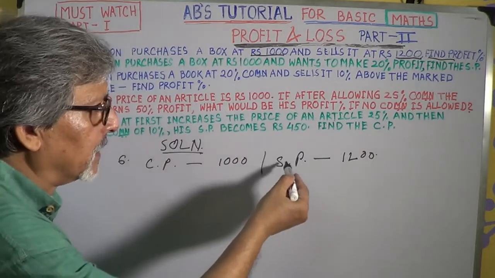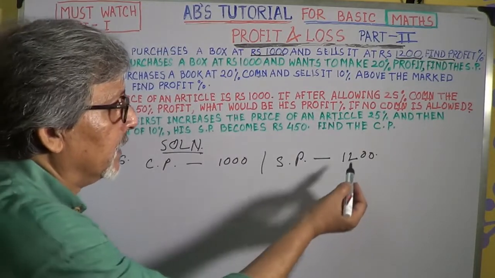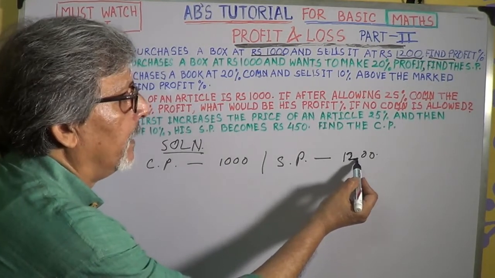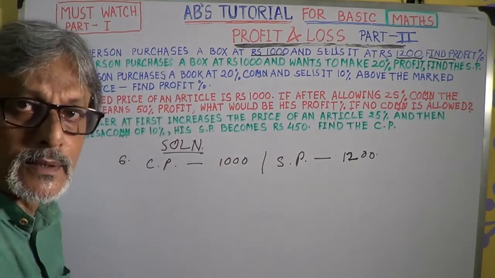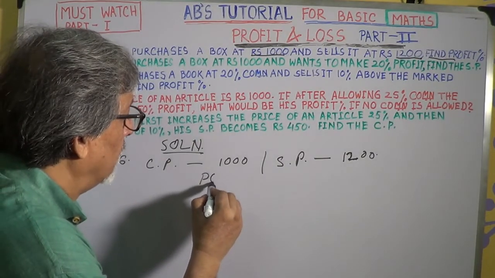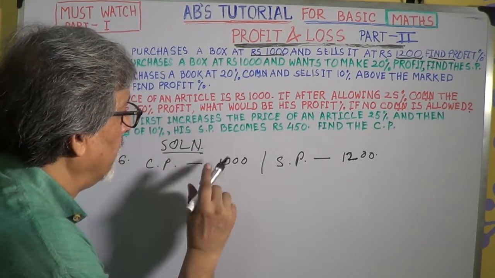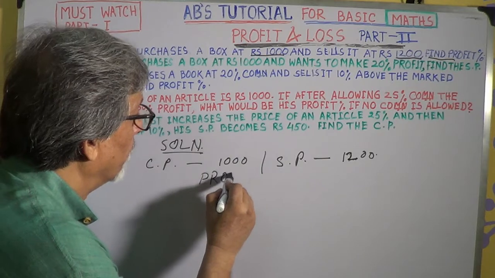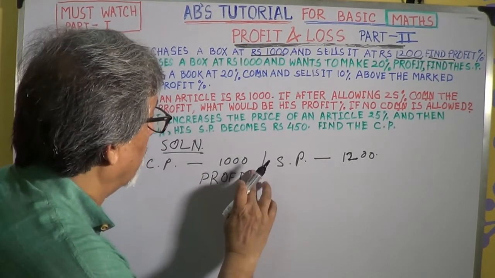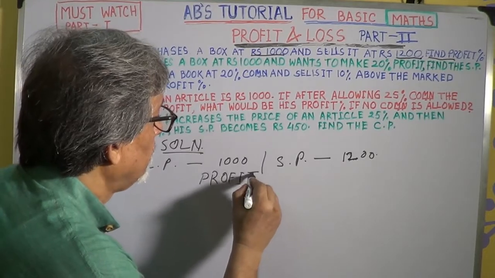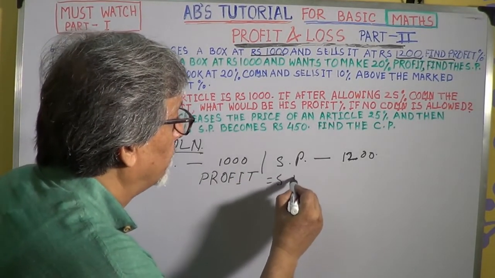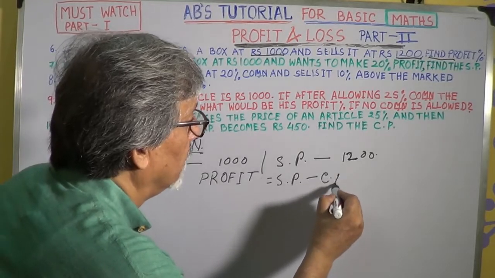Here the seller, the person, has made a profit. So what's the amount of profit? The amount of profit is SP minus CP, isn't it?